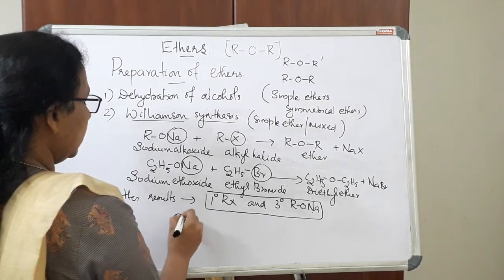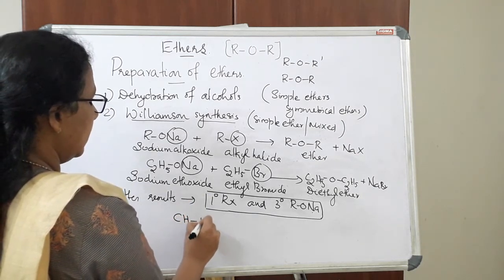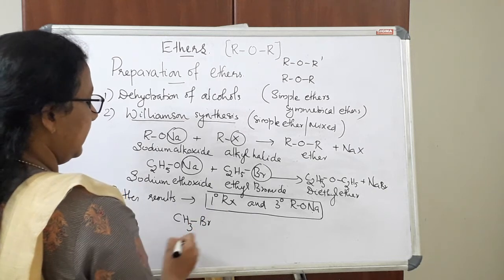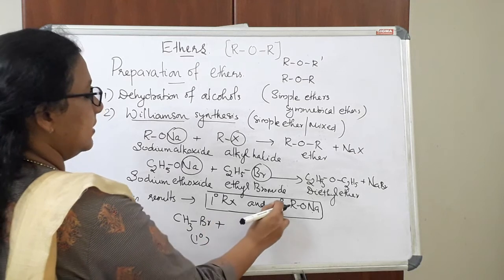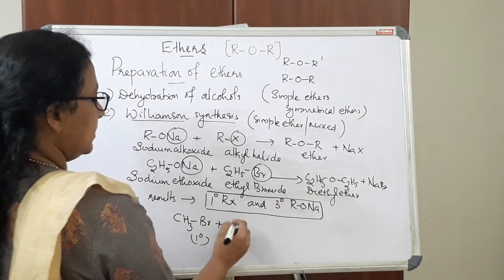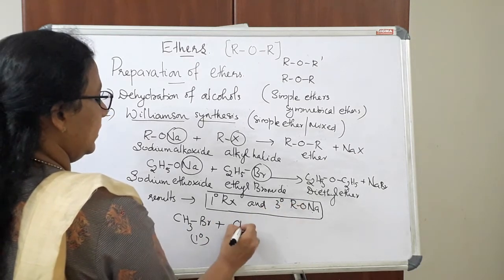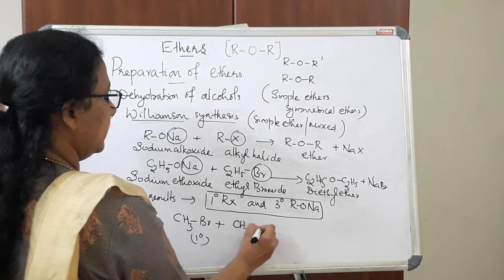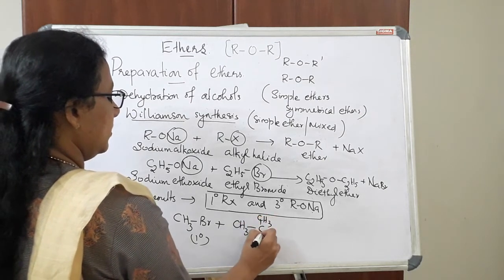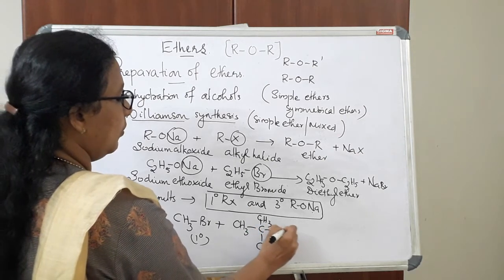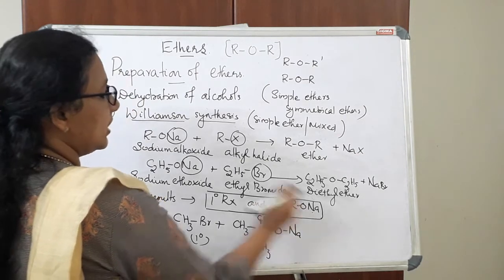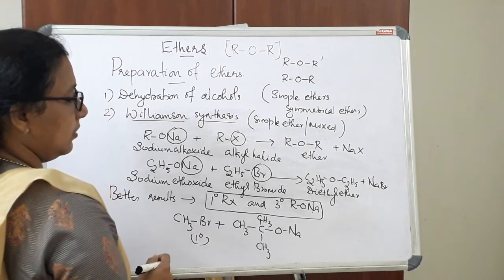So if it is CH3Br, this is a primary alkyl halide, and if it is a tertiary alkoxide, we can write a tertiary butyl group ONa. So this is a tertiary alkoxide.